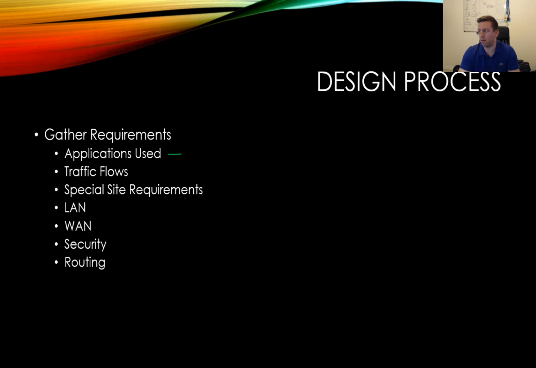However, if they bought 10 companies last year and there's a load of bespoke applications, there's going to be a time where you can't just buy the company, put them on the network, and then get rid of the application. That might happen longer term, but you have to accommodate for different applications in different places, and that kind of leads into traffic flows.